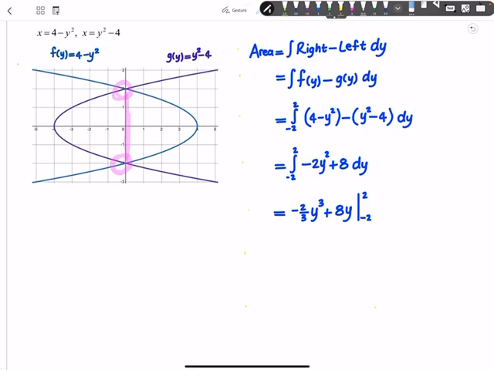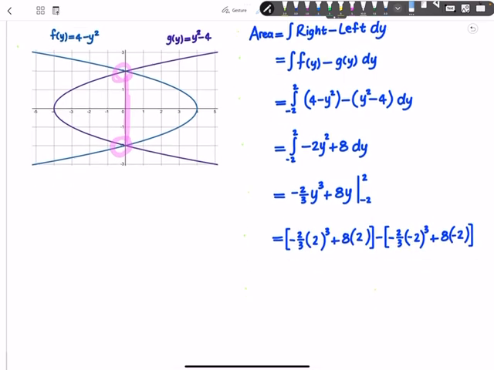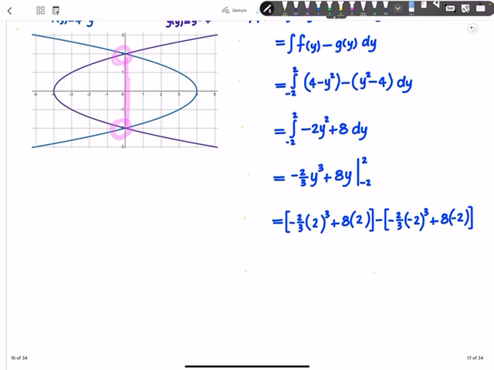The integral of 8 is going to be 8y. And again, remember our bounds, we're evaluating from -2 to 2. The fundamental theorem of calculus says we plug in top minus plug in bottom. So just very methodically, plug in 2 into the entire quantity minus plug in -2 into the entire quantity.